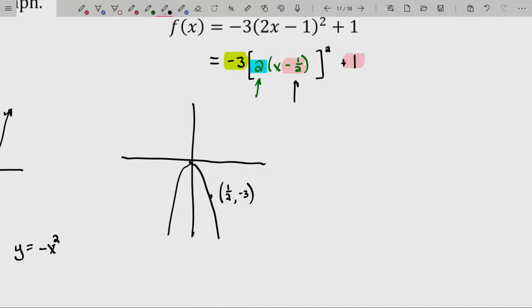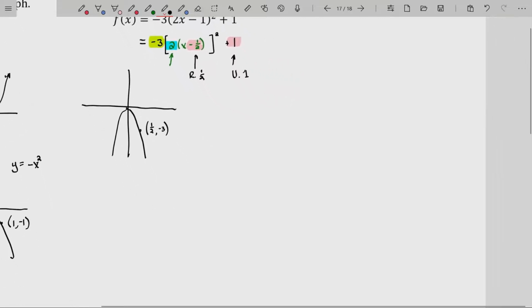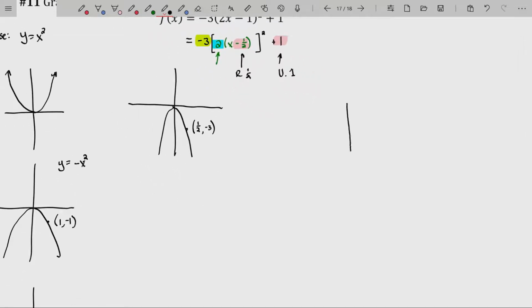So let's go ahead and just do this last panel. I'm going to shift, let's see, that's to the right 1/2, and this is up 1. I guess I could have put the P there, right? It's the same amount of writing. So I'm going to go ahead and try to be somewhat accurate here. Here's my x-axis. Here's my y-axis. Let's see.